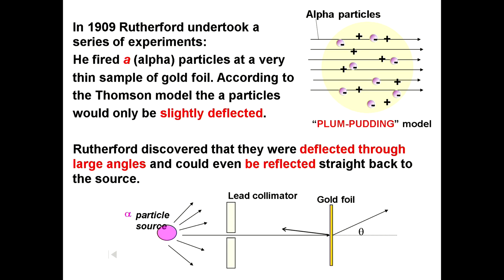Okay, and this is another very famous experiment in history. In this experiment, the alpha particles hit gold foil, and it was found that some particles were deflected through large angles, and could even be reflected back to the source, like this.